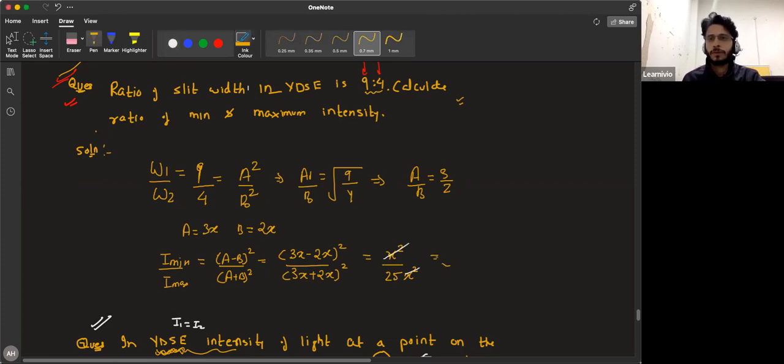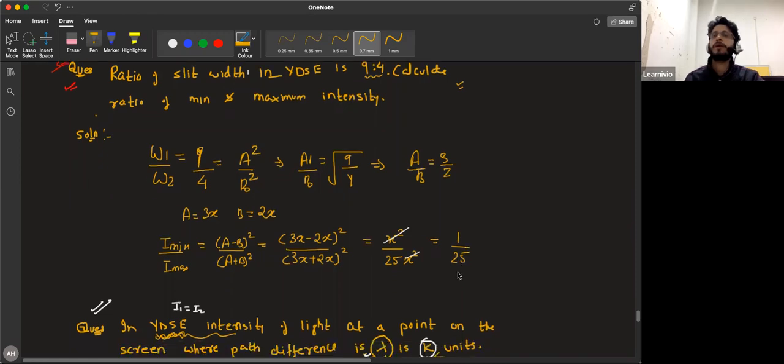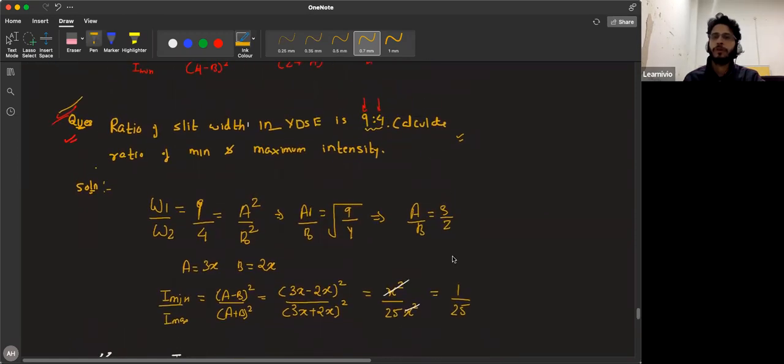Then this is 1 by 25. This is the ratio of minimum and maximum intensity, 1 by 25. Note it down. Is it clear now?